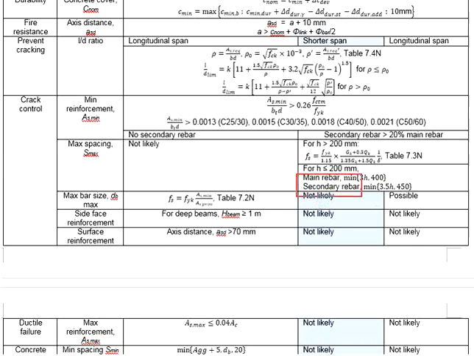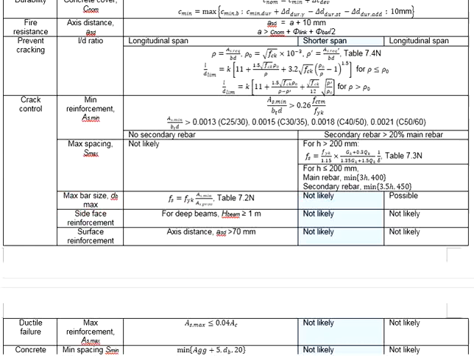As for the secondary rebar, the maximum spacing should not exceed 3.5 times the thickness of the member, as well as 450 mm. Next, we talk about the maximum bar size.